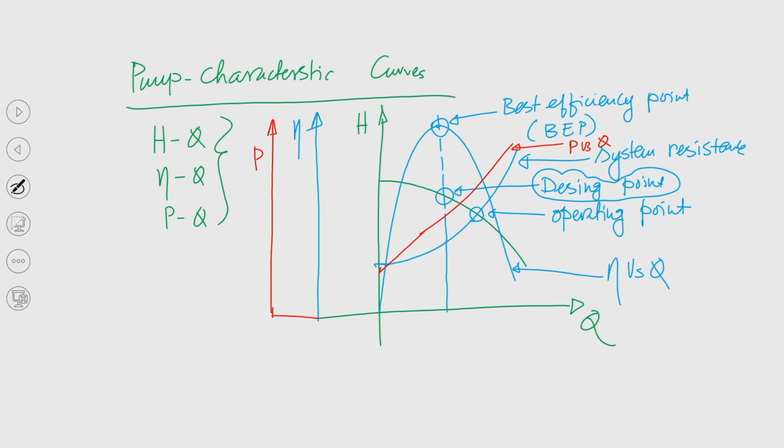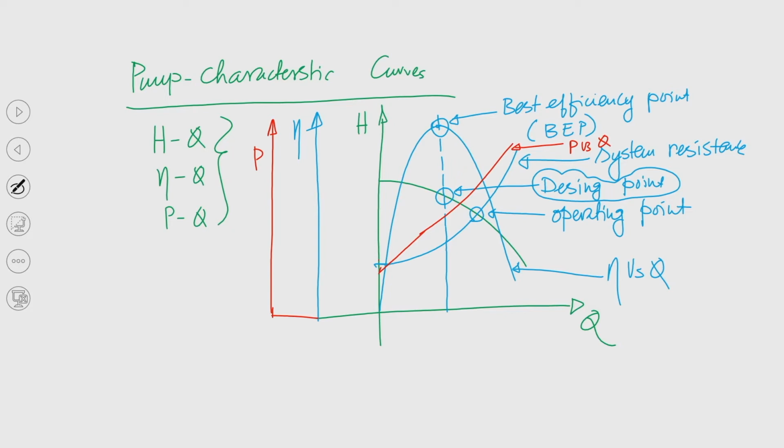Whenever a designer is designing the pumping system, he or she should design it properly so that the best efficiency point and operating point coincide. In this case, these 2 points are not the same.